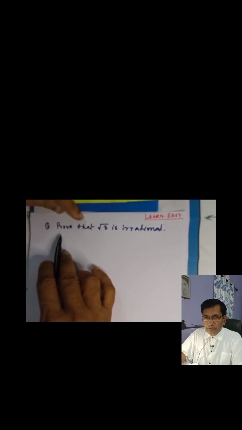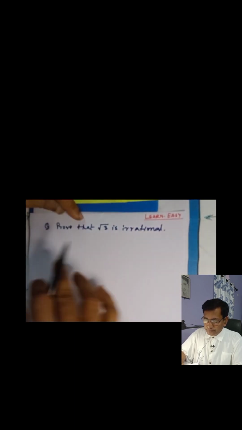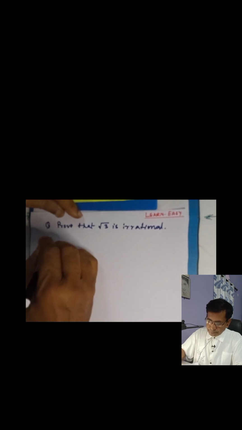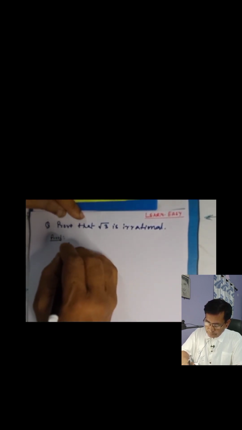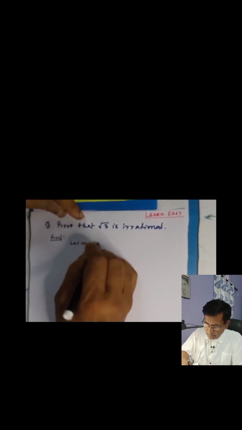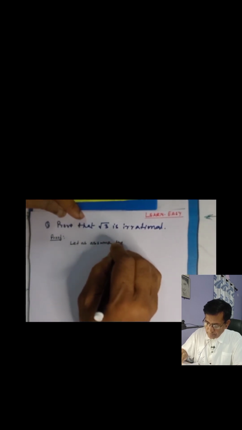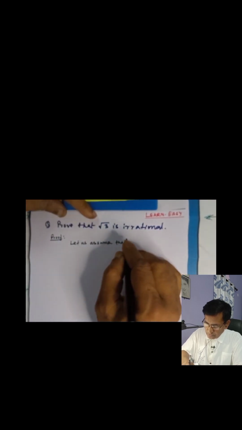The problem is, prove that root 3 is irrational. So how will we progress? At first, let us assume that root 3 is rational.